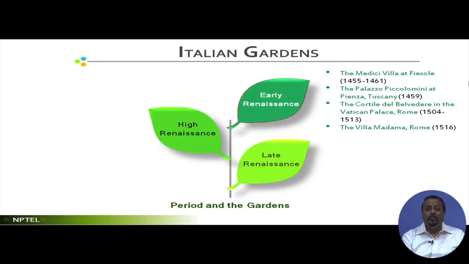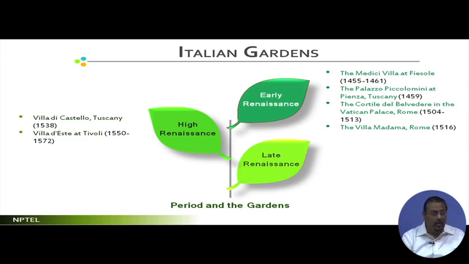Essentially, the examples that you find in the early Renaissance are the Medici Villa at Fiesole, the Palazzo Piccolomini in Tuscany, very famous one, and then Cortile del Belvedere in the Vatican Palace, Rome, and then the Villa Madama, Rome. These were early Renaissance gardens that grew.